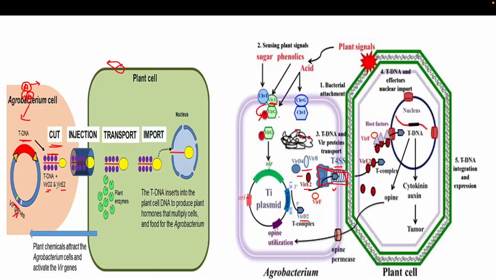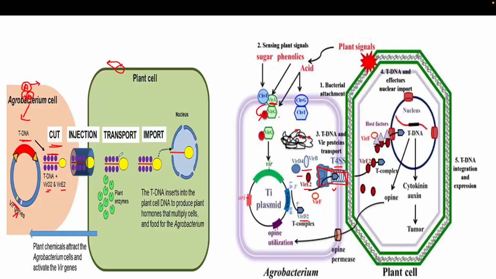At the same time, this gene also has signaling sequences, which will direct the T-DNA from Agrobacterium tumefaciens to the plant cell nucleus. So after that it will be directed to the plant cell.